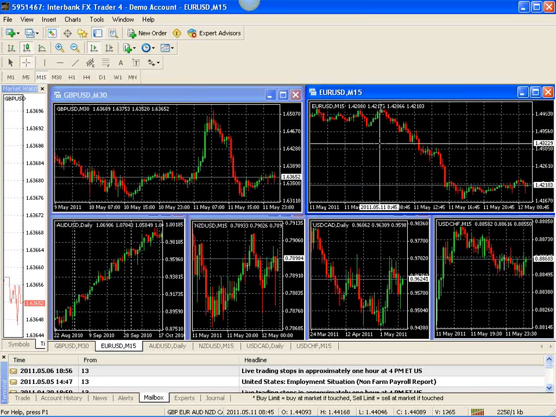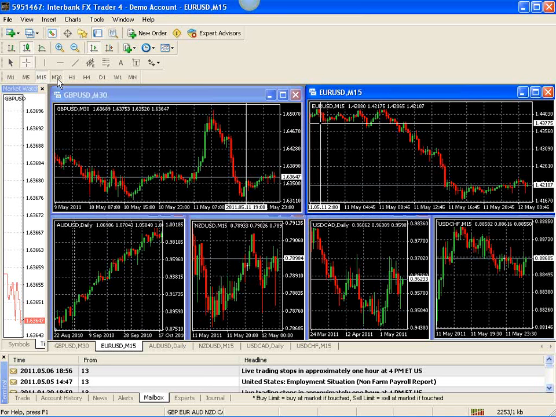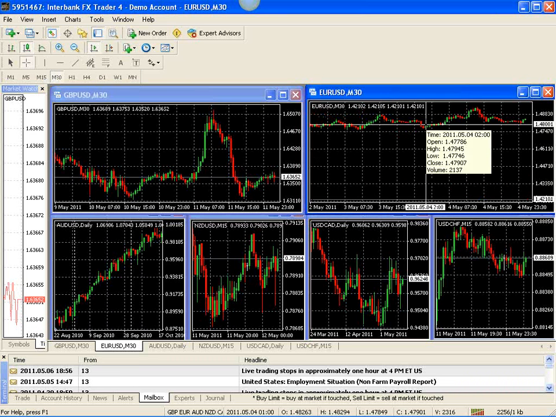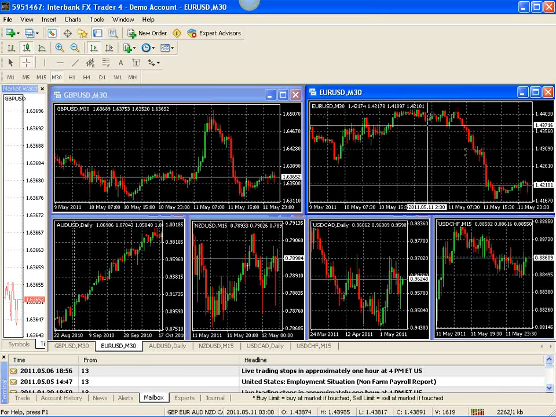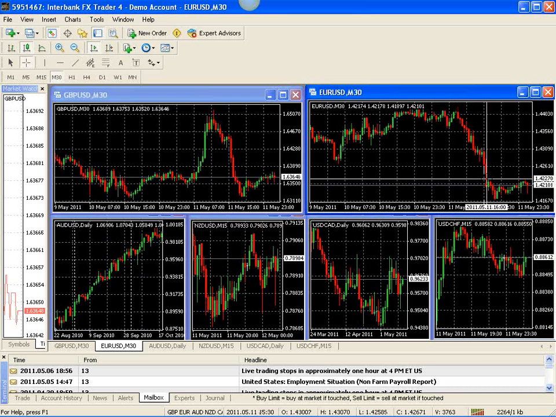It's going to be hard to see because the range is a lot bigger, but we went from 1.4365 to 1.4415, so only about 50 or 60 pips, and then we went way down. So let's talk about that.